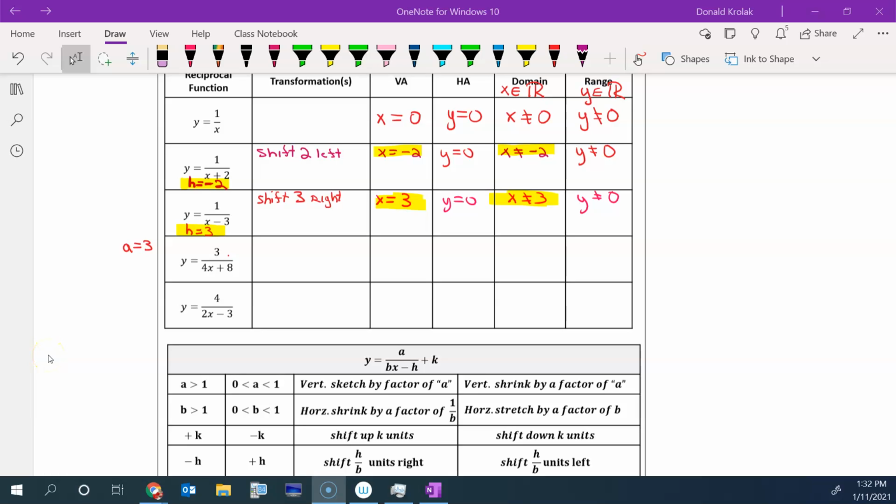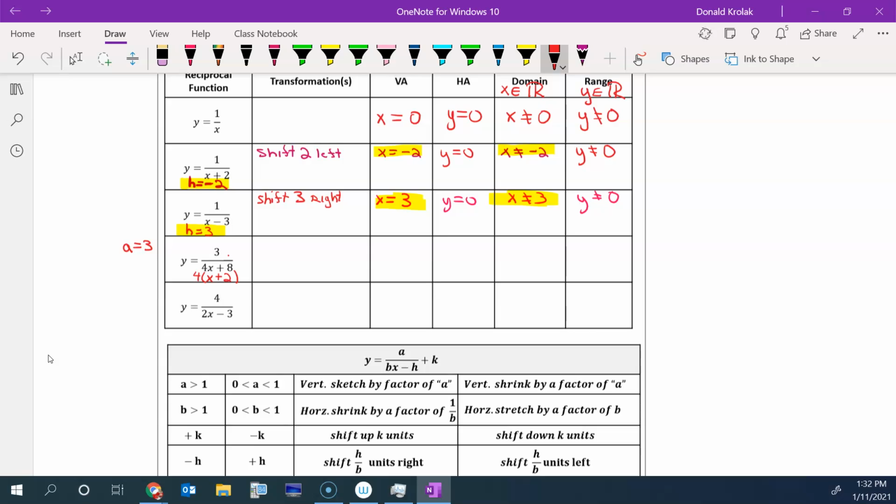So when you're factoring a reciprocal function and the x-coordinate has got something other than a 1 on it, you have to factor that out. So before I can do anything in the denominator here, I'm going to factor out the 4.